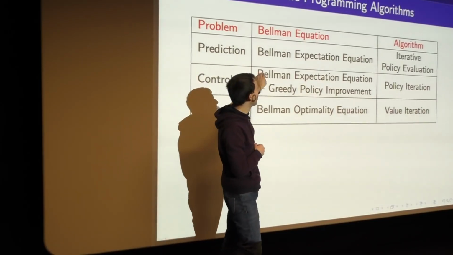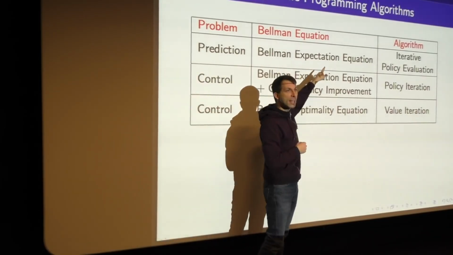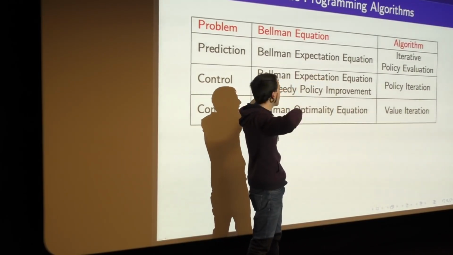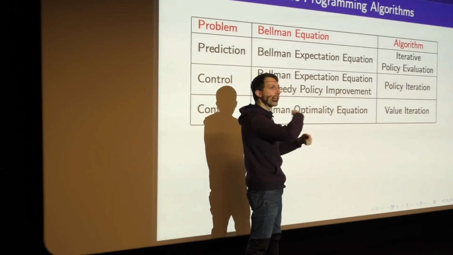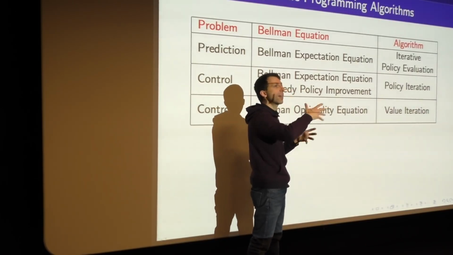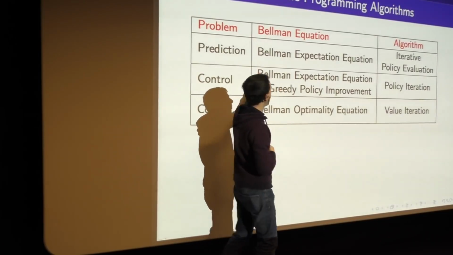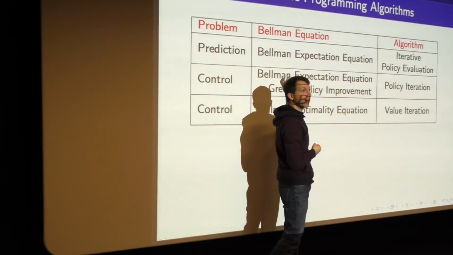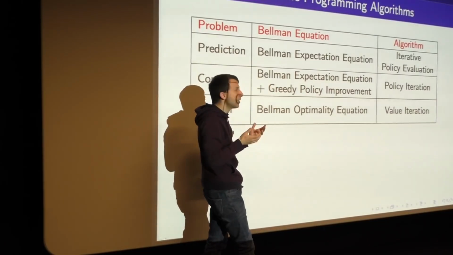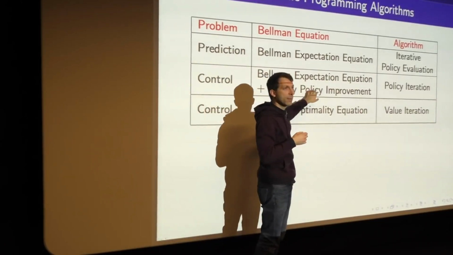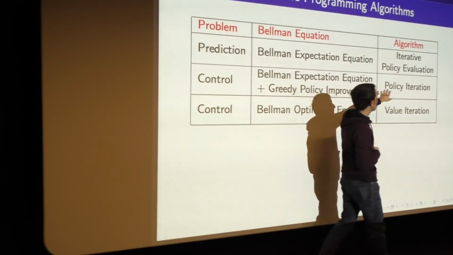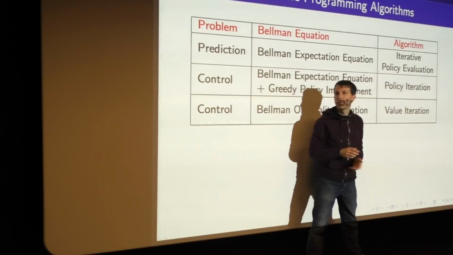The first approach was to again iterate over the Bellman expectation equation to evaluate your policy, but then to alternate that evaluation with a process of policy improvement. We first use the Bellman expectation equation to solve for V pi, and then we act greedily with respect to V pi to give us a new pi. We alternated that process, and that gave us the policy iteration algorithm.